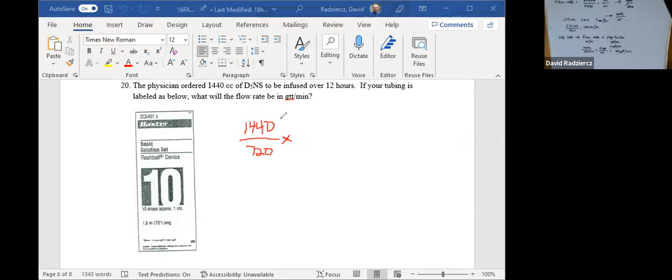So this is my flow rate. This is milliliters or cc's. This is minutes. And then I'm just going to multiply by the drop factor, 10. When I do that, I'll get an answer of 20 drops per minute.